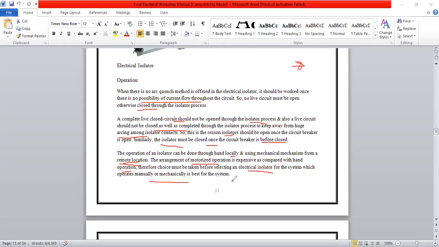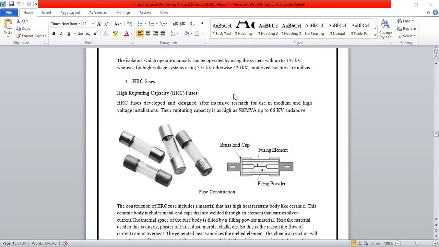Now, next one, the isolator which operates manually can be used in systems up to 145 kV, whereas for high voltage systems of 245 kV, otherwise 420 kV, motorized isolators are used. म्हणजे आपण हे मॅक्झिमम आयसोलेटर 420 kV पर्यंत यूज करू शकतो.